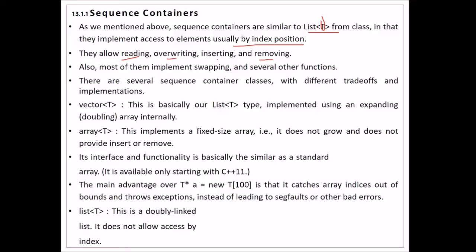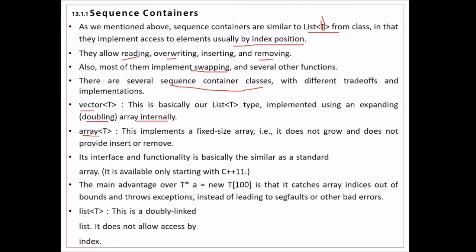And most of them implement swapping, and several other functions are there. There are several sequence container classes with different trade-offs and implementations. This vector T is basically a list type. Vector is after all a list only, implemented using an expanding doubling array internally.